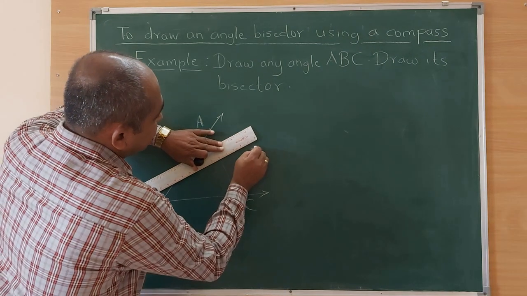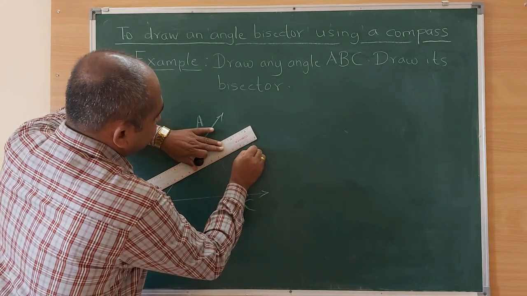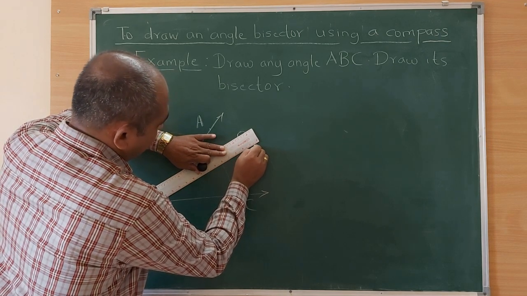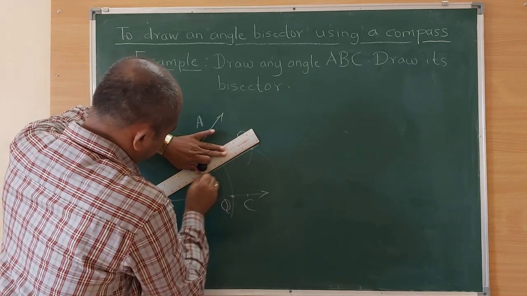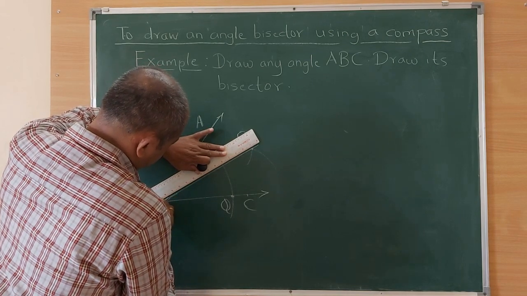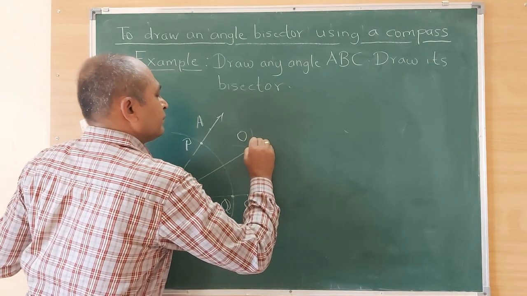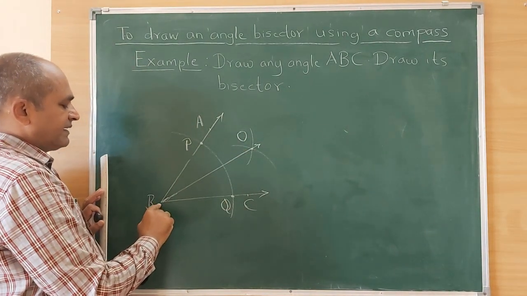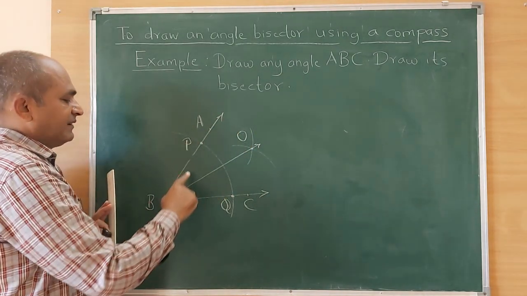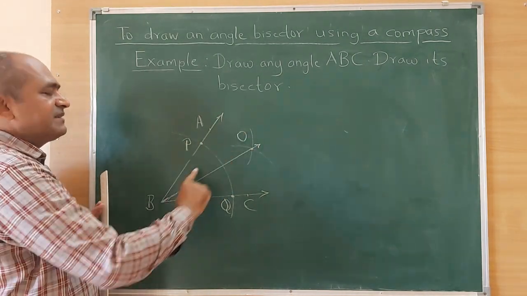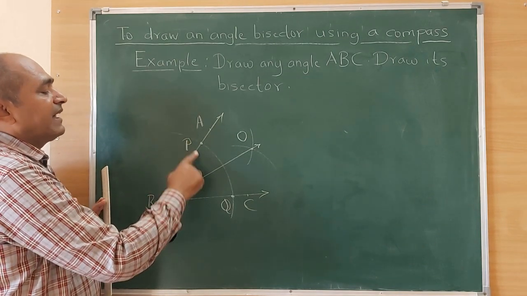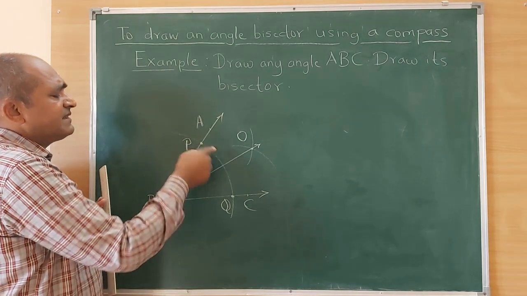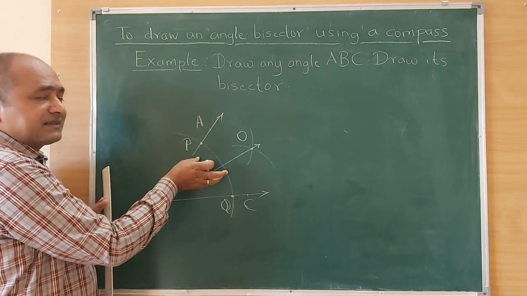So these two points I will join, point O and point B. So I got one more ray, that is ray BO. And dear students, ray BO is nothing but an angle bisector. Means it exactly divides this angle into two equal parts.